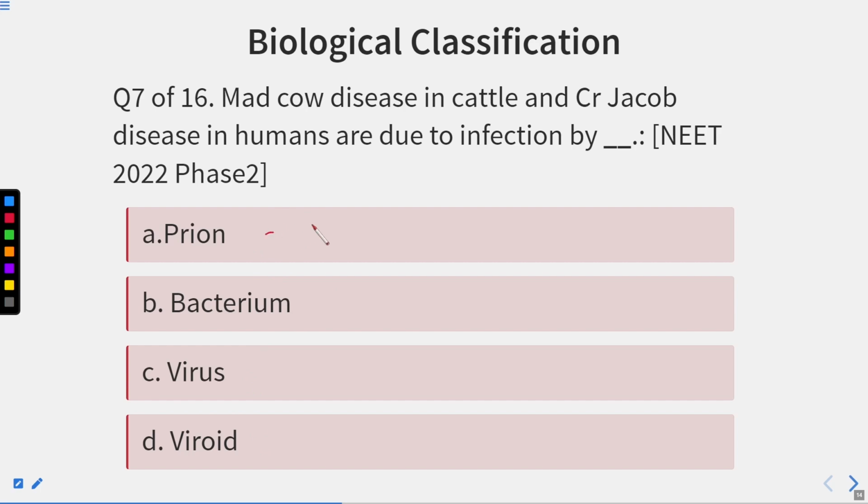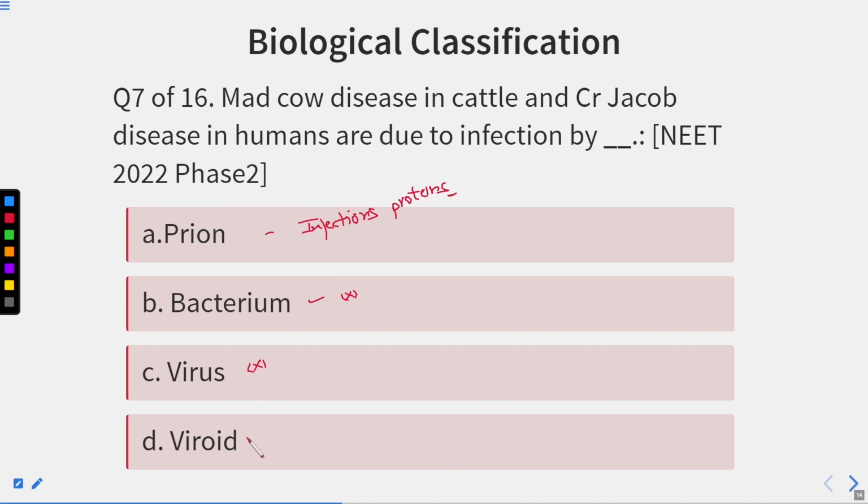Prions are infectious proteins that cause neurodegenerative disorders. They cause encephalopathy. Now bacterium is also not the correct answer here. Virus is again not the correct answer here.